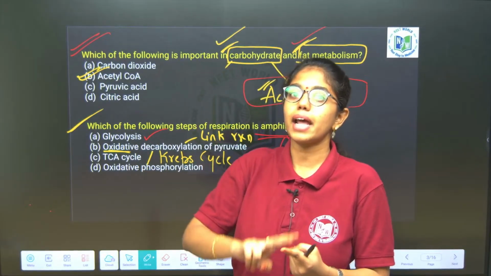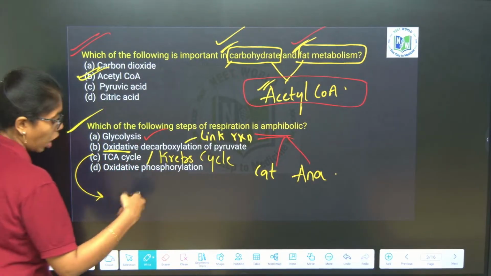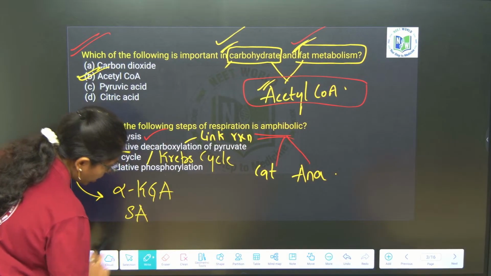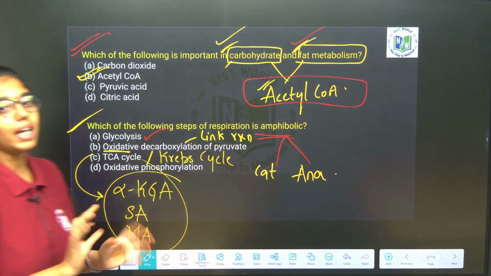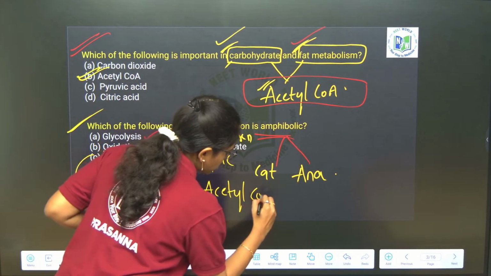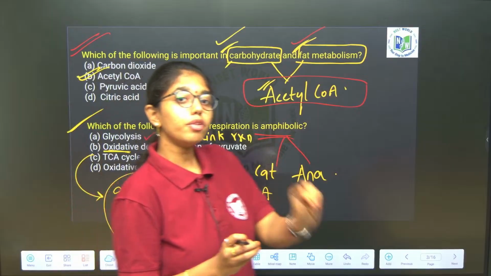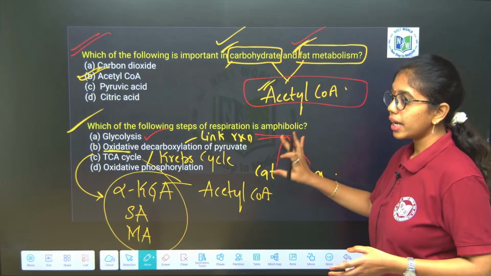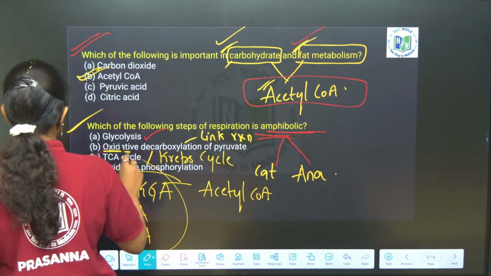Both catabolism and anabolism are conducted, and the intermediates which conduct these catabolic and anabolic reactions can be alpha ketoglutaric acid, succinic acid and malic acid. At these steps anabolism and catabolism both will be conducted, and the initial beginning step, acetyl coenzyme A, that we have seen in the previous question also. So all these intermediates of the TCA cycle will be involved in both anabolism and catabolism. So the TCA cycle will be called the amphibolic pathway, that is, option C is the correct answer.